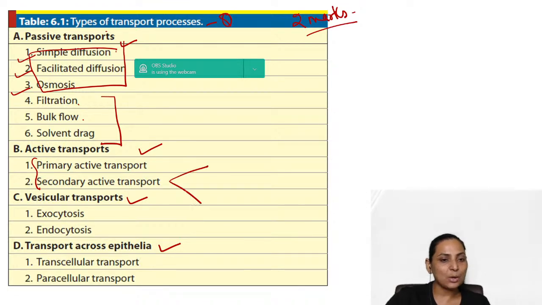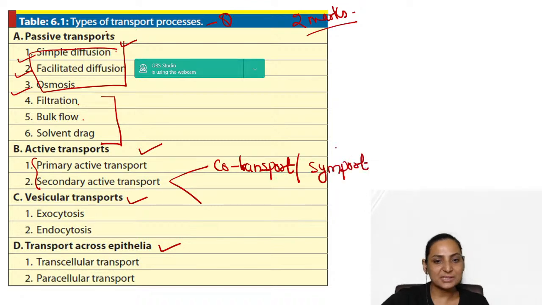And we will see now that the secondary will be further classified as a co-transport, which is also called a symport, and a counter-transport, that is also called your antiport.